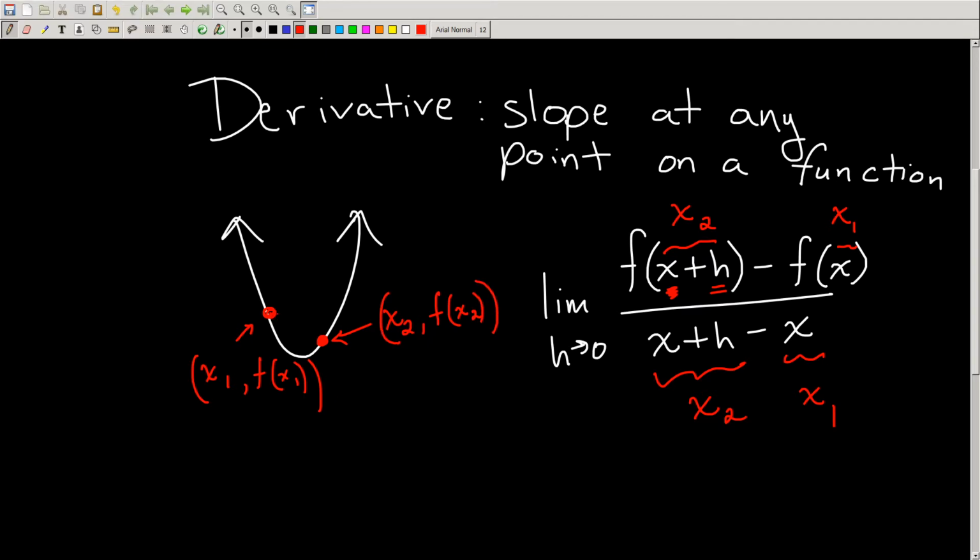Now, let's call h the horizontal distance between the 2 points, meaning h is this x distance right here. What if I made that h really small? Meaning, what if I took h and made it approach 0? What would happen to these 2 points? Well, the 2 points would approach one another. The 2 points would actually become 1.